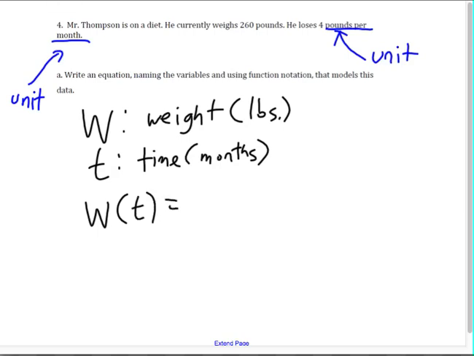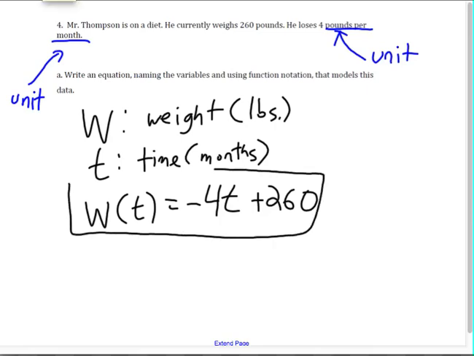W of t is equal to negative 4t plus 260. And it makes sense that it's negative because he's losing 4 pounds a month. This is the equation I'm working with. And your answers should make sense. If you have an equation that's developed inappropriately and your answers for B and C don't make sense, then maybe you should go back to the equation.